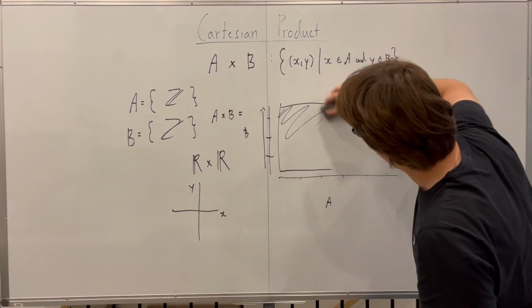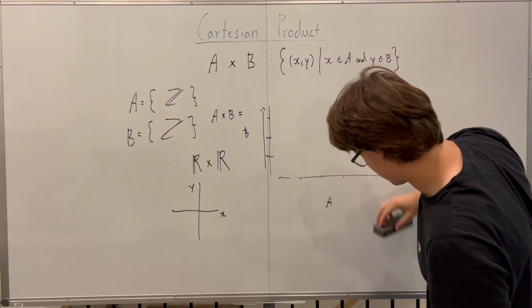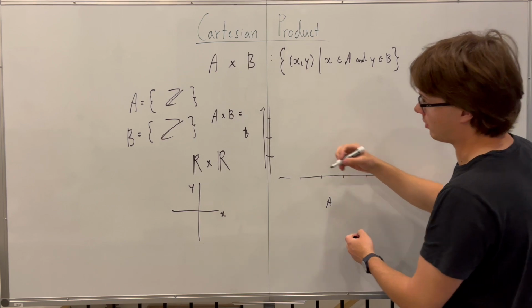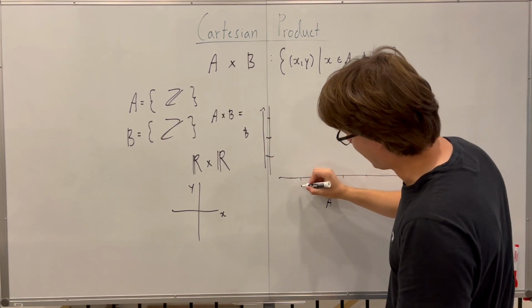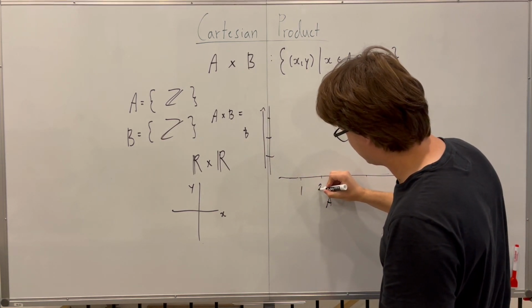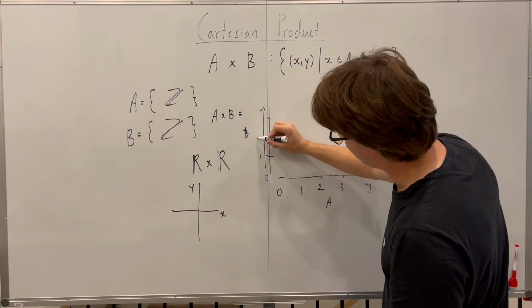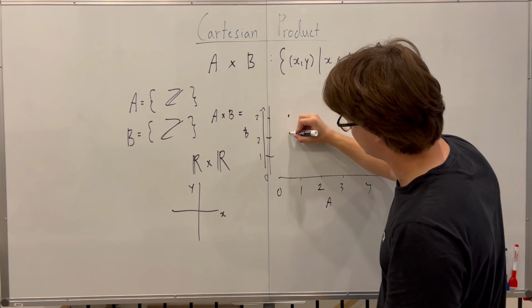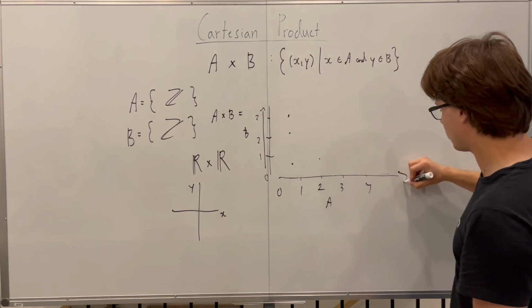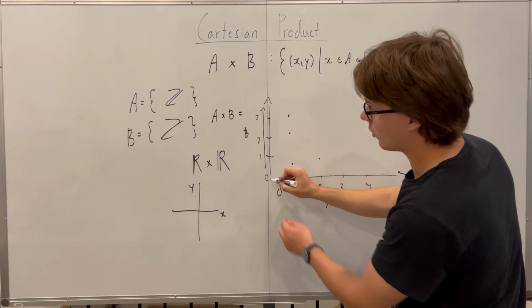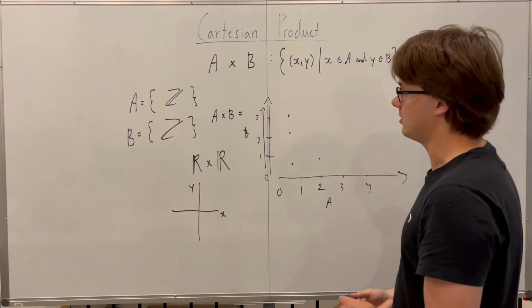We would go back to having our concrete points on our Cartesian product visualization. We would have 0, 1, 2, 3, 4, and then you would have discrete points, right? And of course, these would all go on forever, and you would also have negative numbers in both directions.